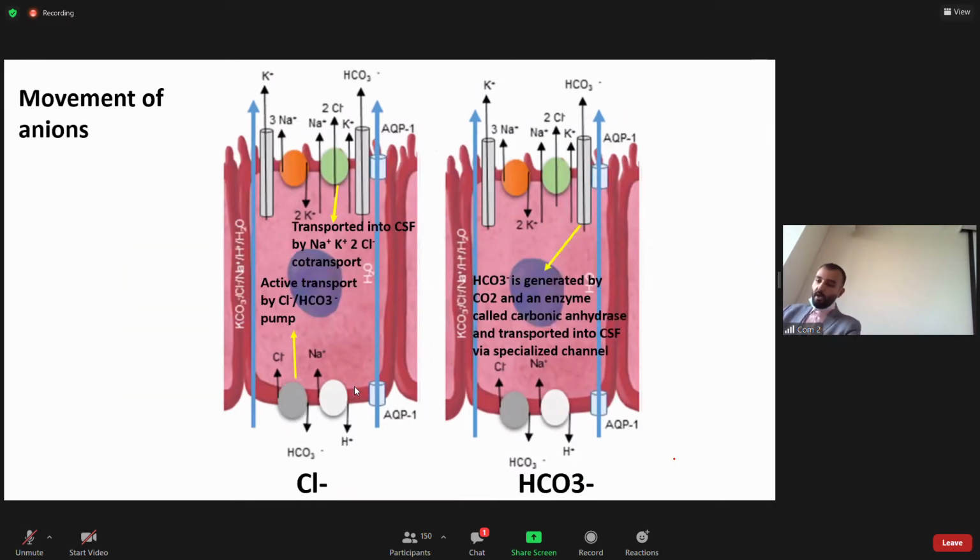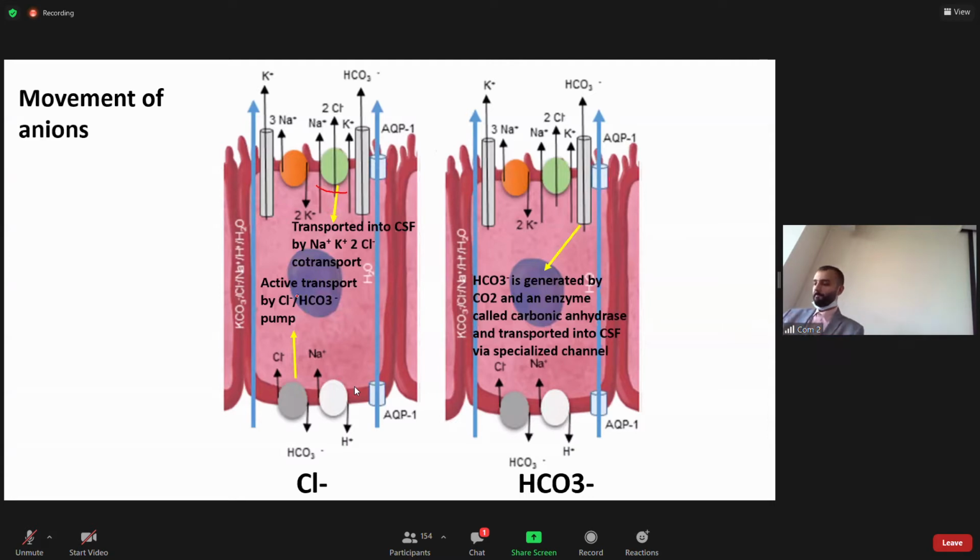What about anions? Anions like chloride are transported into the cerebrospinal fluid via the sodium-potassium chloride pump, and will be recruited from the blood via the chloride bicarbonate exchangers.